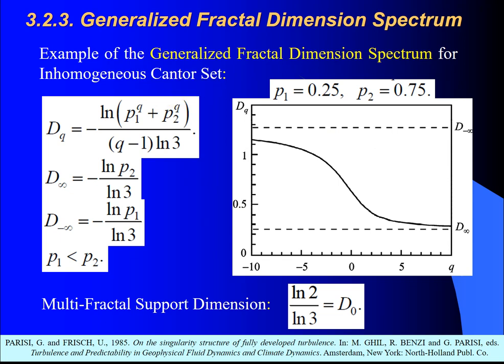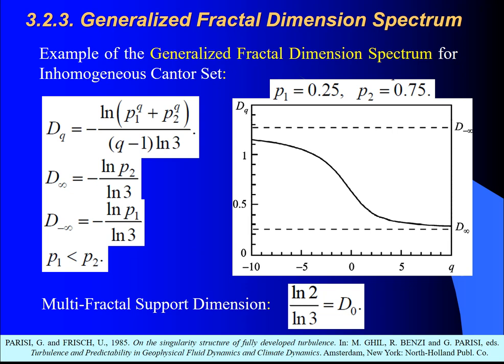For example, for the inhomogeneous Cantor set, we have such an expression for it, and the plot of this function is given by this picture.